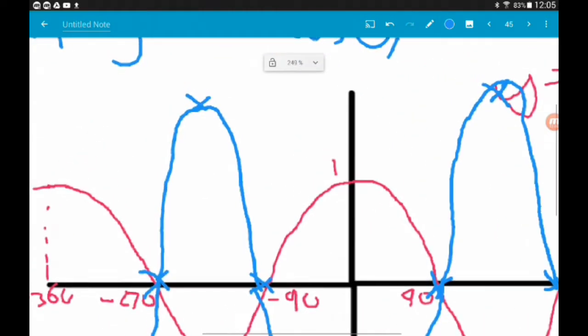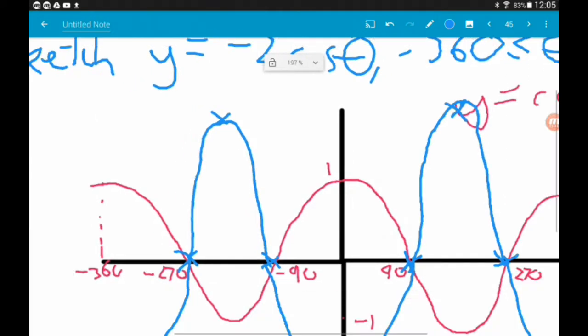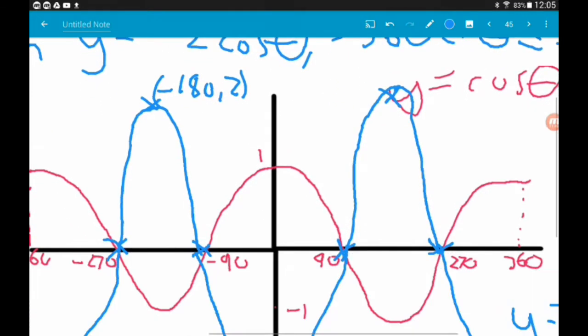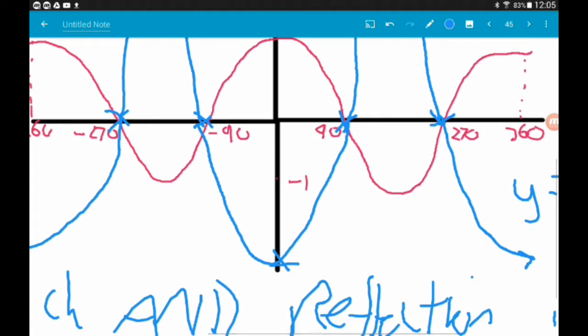So the coordinates of this peak would be (-180, 2). The intercept is now down at (0, -2).